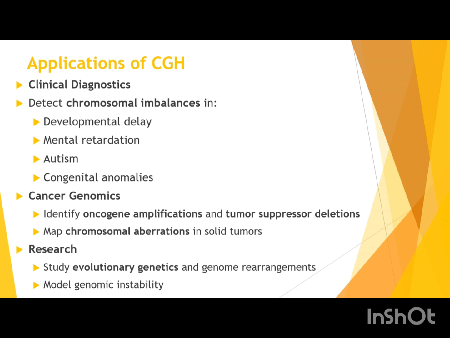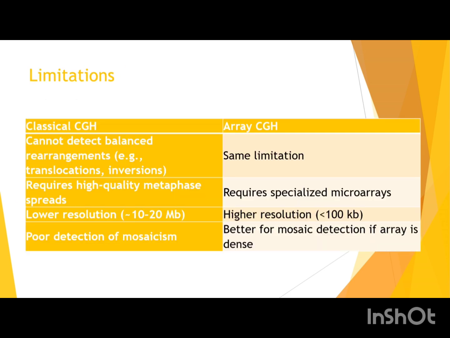It helps in mapping chromosomal aberrations in solid tumors. In research, it helps in studying evolutionary genetics, chromosome rearrangement models, and genomic instabilities. These are a few highlighted points where comparative genomic hybridization has been used.